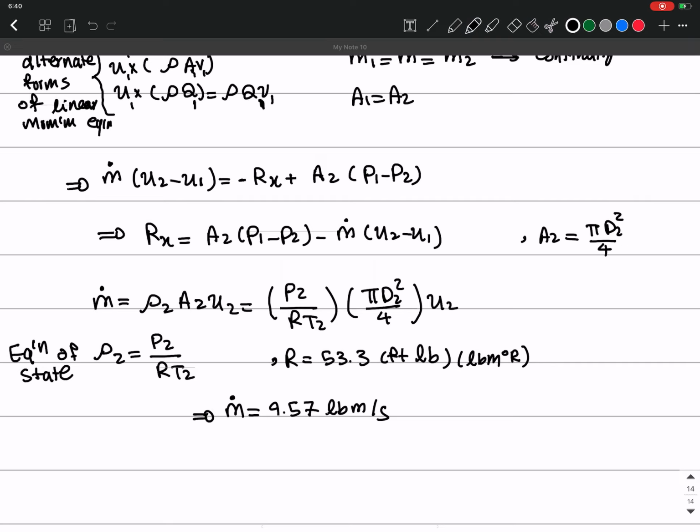And if you substitute that into here, we get Rx equals to, the first term is going to be 1025 pound and the second one is going to be 232 pound, which in turn is going to give me 793 pounds.